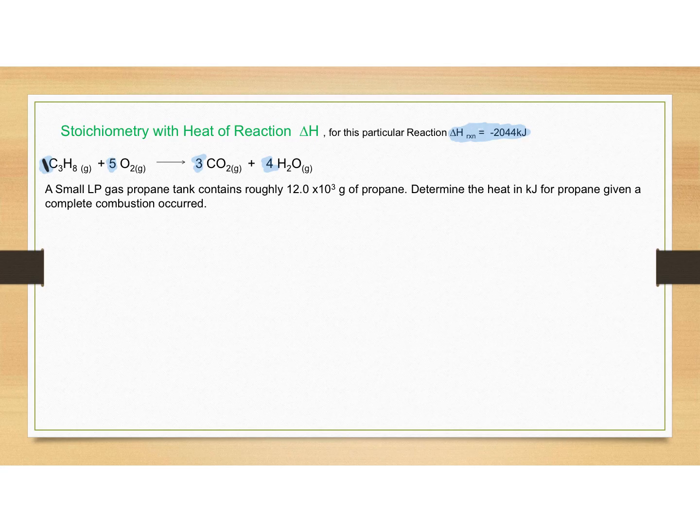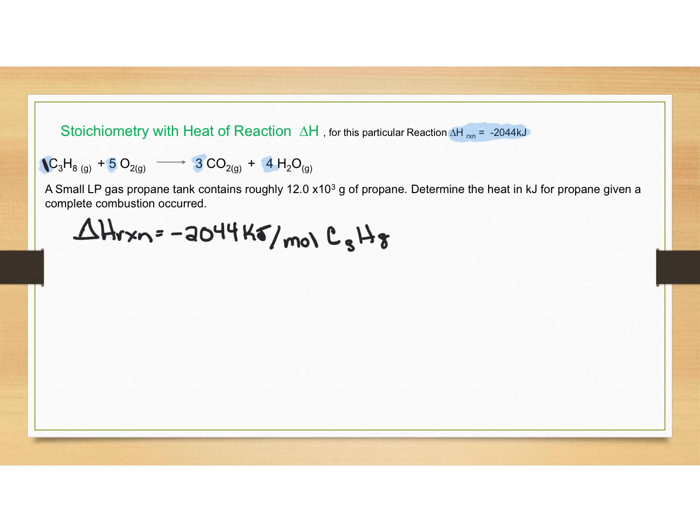So what I can do is my delta heat of reaction is equal to negative 2044 kilojoules per mole of propane, C3H8. Now this is specifically for my propane.